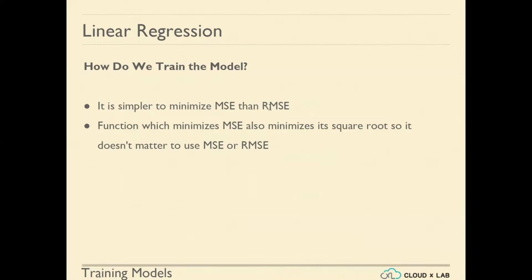RMSE is the root mean square error and MSE is the mean square error. So if you calculate MSE, then we have to perform the square root to get the RMSE, right? So it is better to minimize MSE rather than RMSE, and if you minimize MSE or RMSE, it doesn't matter, you will get the same solution, right?